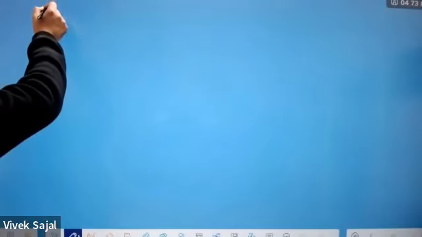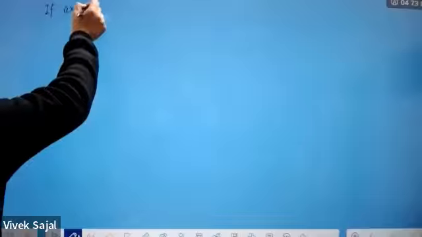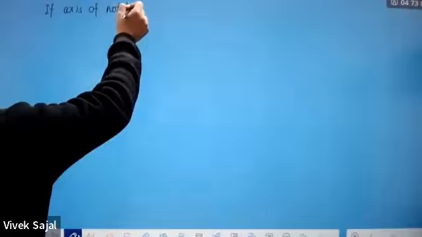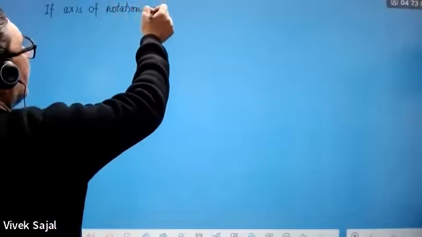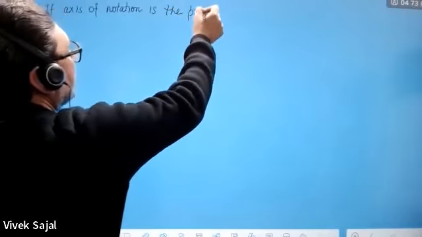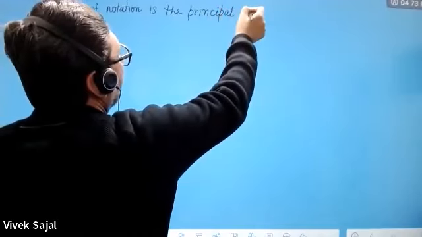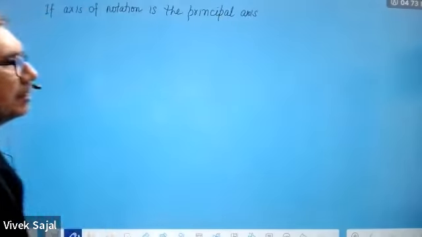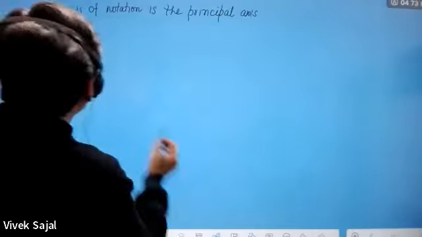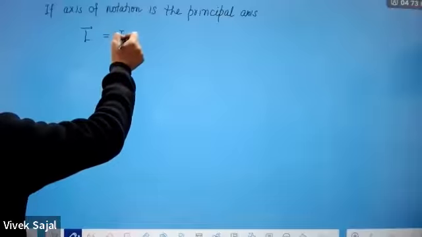You know that if the axis of rotation is the principal axis, then this L vector will be parallel to omega vector.